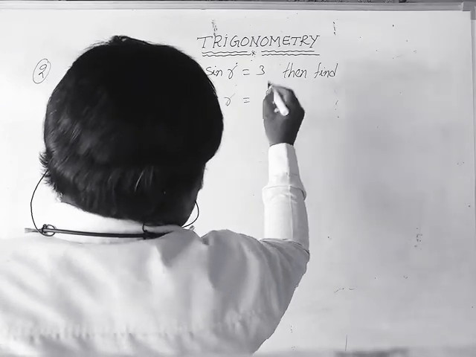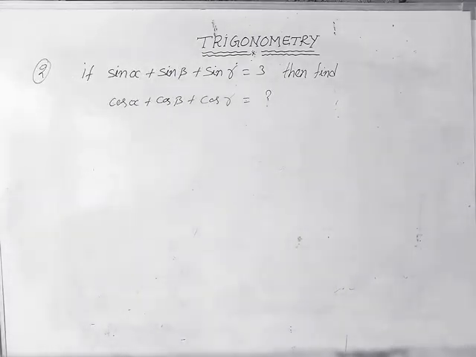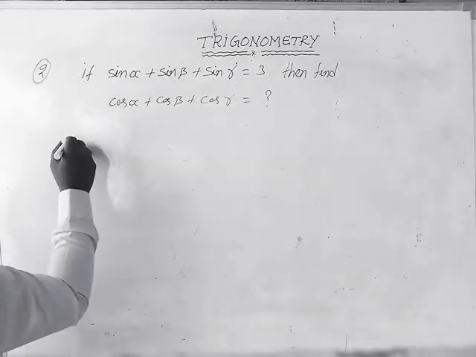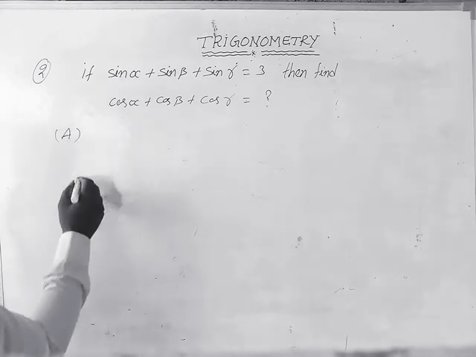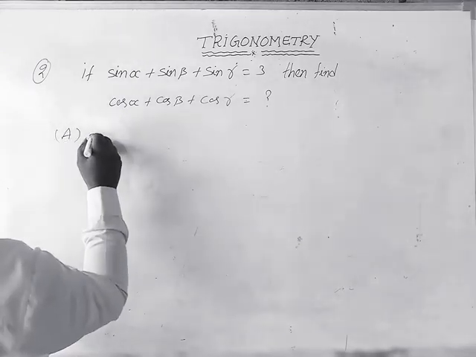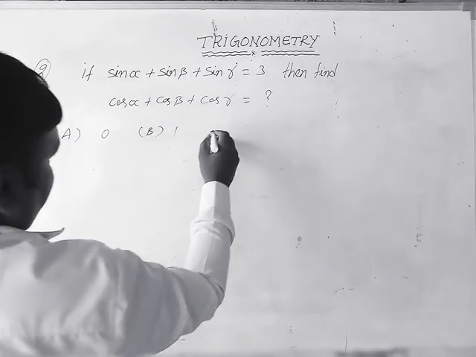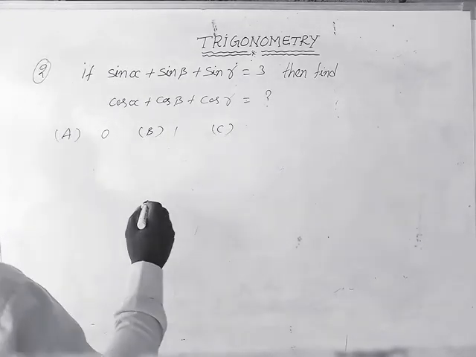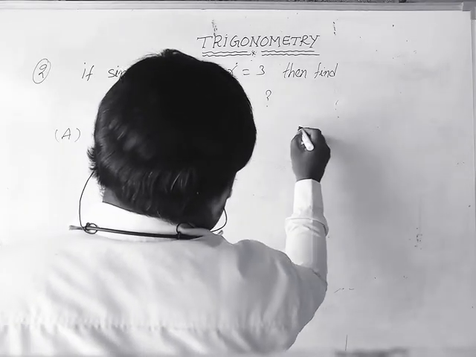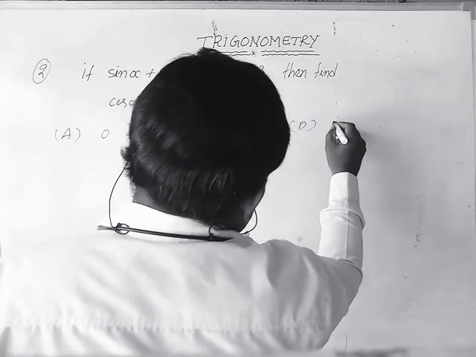What is that value? There are 4 options given here. A is 0, B is 1, C is 2, D is 3.